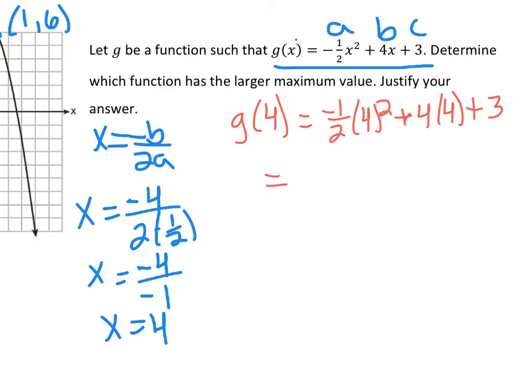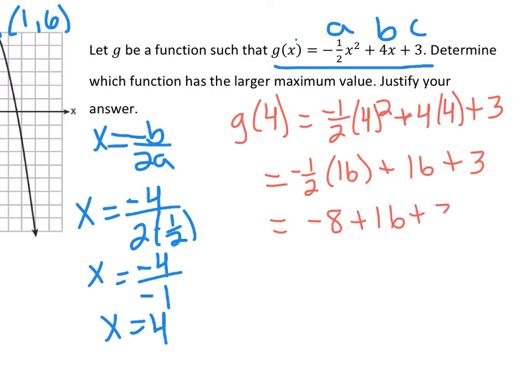4 squared is 16, so negative 1/2 times 16. 4 times 4 is 16 again, plus 3. Negative half of 16 is negative 8. Bring down the rest. Negative 8 and 16 make positive 8, and positive 8 plus 3 is 11, making our maximum at 4, 11.